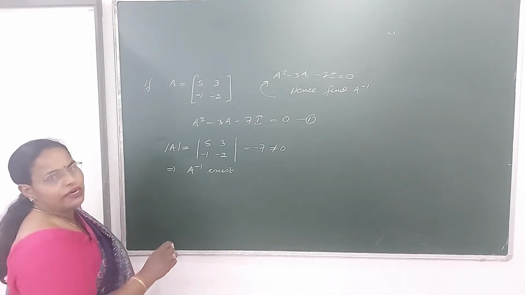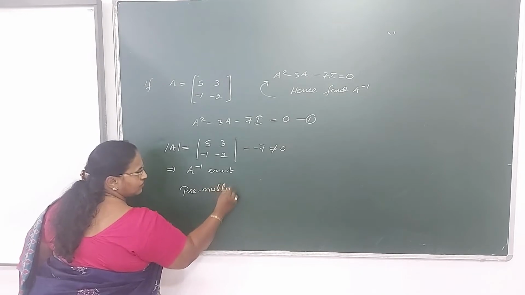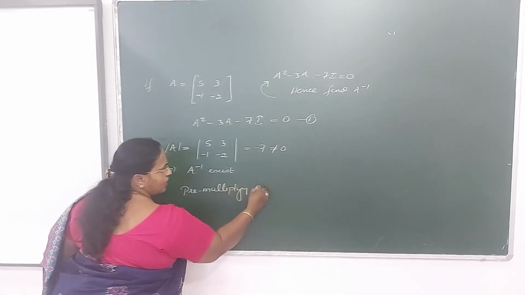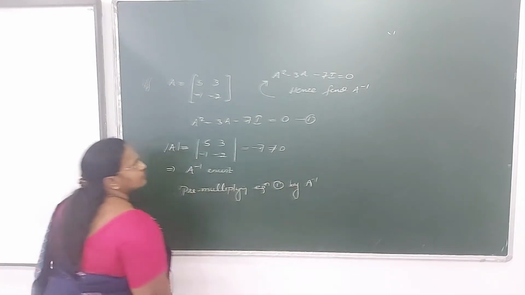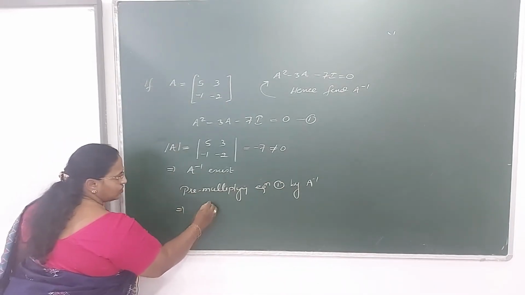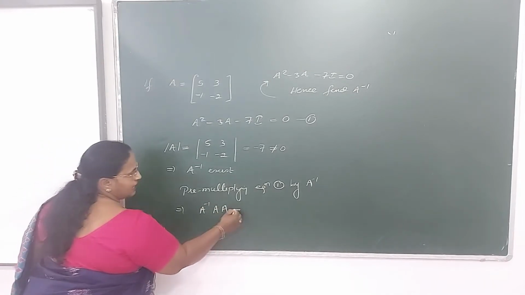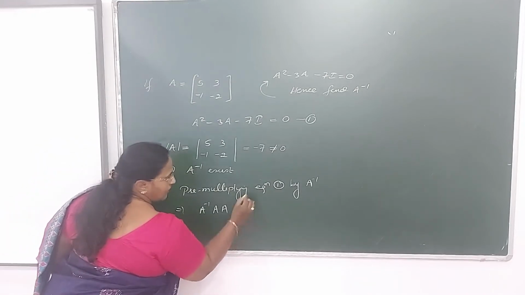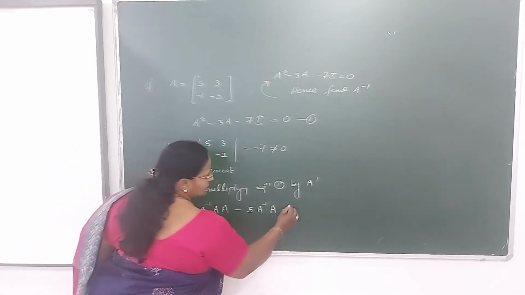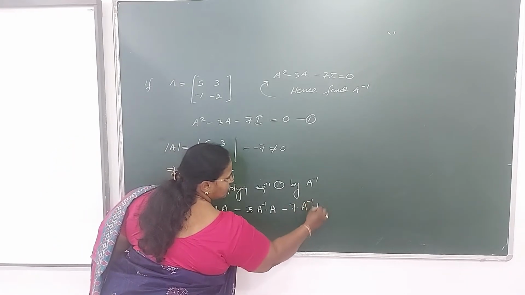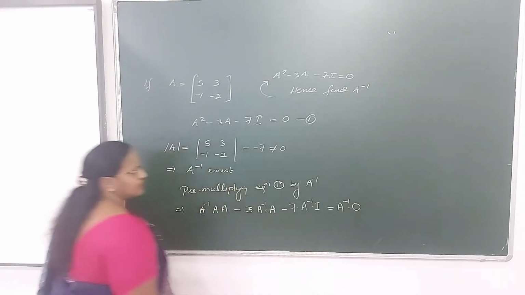So let us go for pre-multiplication. Pre-multiplying equation 1 by A inverse, this is equal to A inverse, A square, you can write it as A into A, minus 3 A inverse, and here you can write it as A inverse into A, minus 7 times A inverse into I, and this is equal to A inverse into the null matrix.